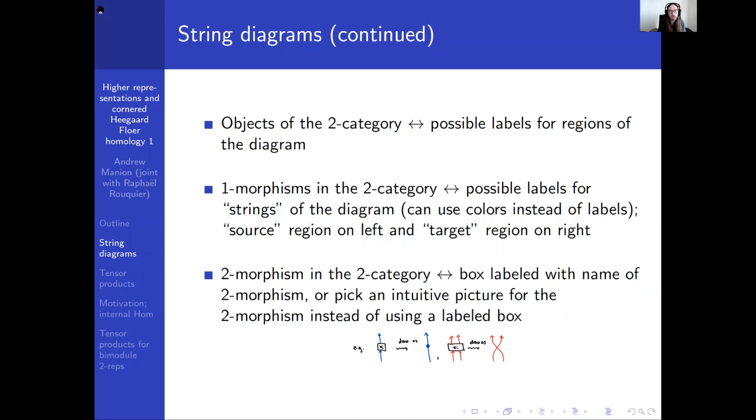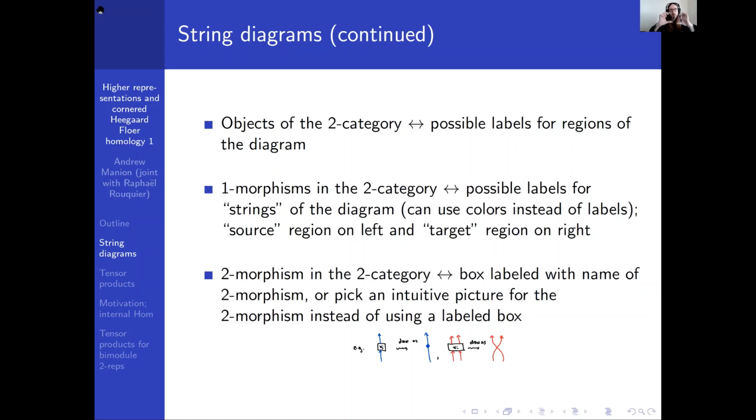That type of shorthand is very common for this calculus. And similarly, if I have some endomorphism of some region, then composed with itself, that will give me these two red strands in the next picture.